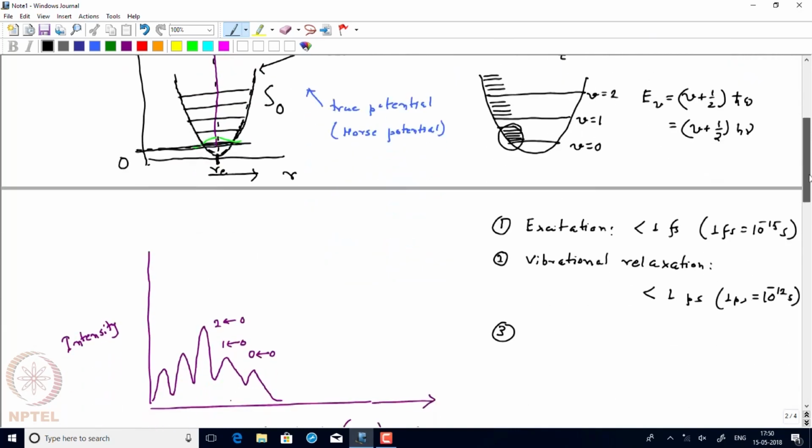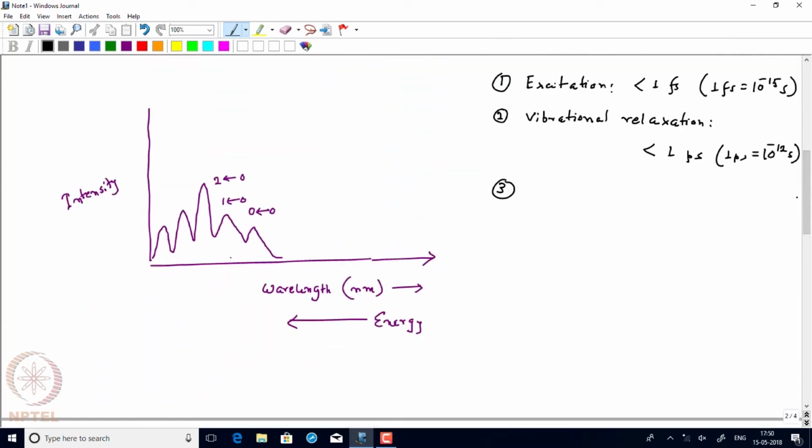So we call this vibrational relaxation extremely fast, and everything arising from this v equal to 0 follows a rule, which is known as Kasha's rule. This is after Michael Kasha, who described this phenomenon in this way, with the approximation that vibrational relaxations are fast, which is a fairly good approximation.